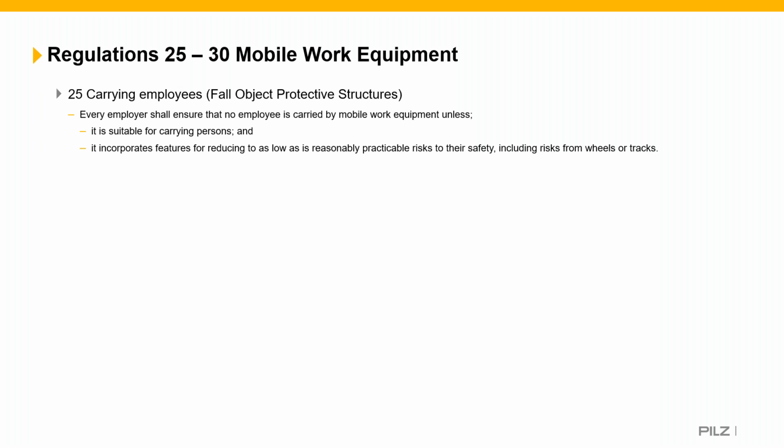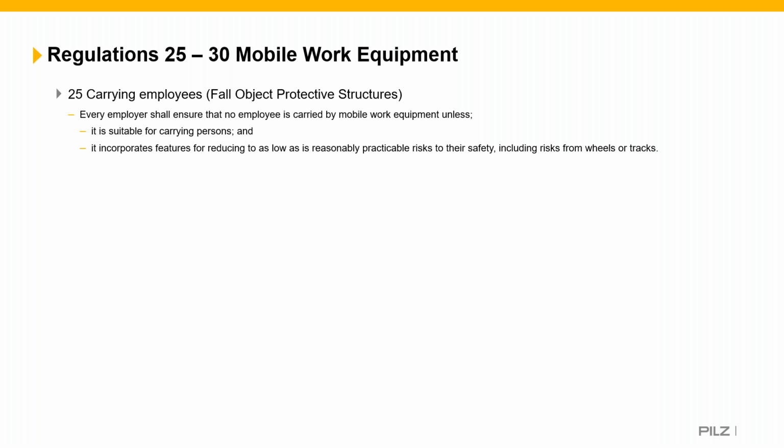Workers need to be protected against anything falling or any of the wheels and tracks and things like that. So we need to give consideration to things like seating, to cabs and operator stations, any work platforms and such.